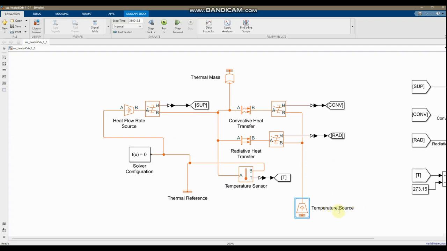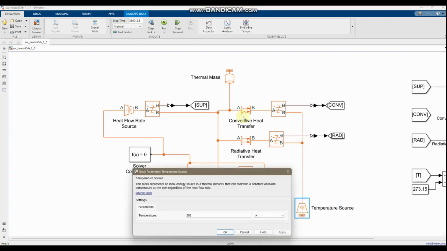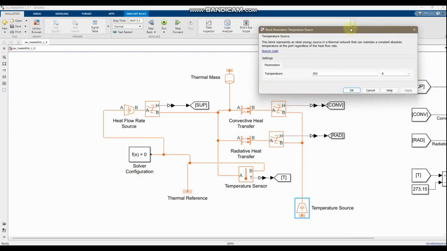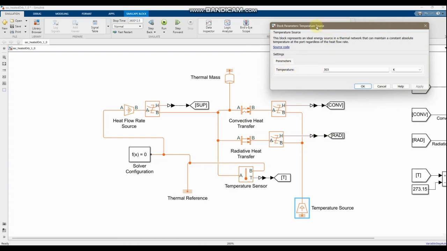So even though I call this a sink, I have used the temperature source block, since Simscape does not have blocks called sinks, it only has source blocks. However, we'll have to use the source blocks to implement sinks as well.